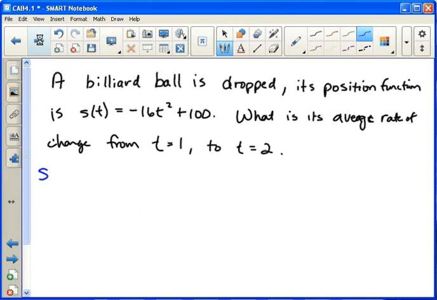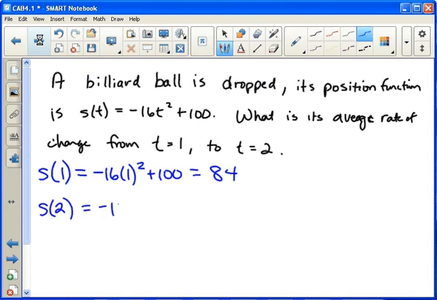So let's plug 1 in. We get 84. We plug 2 in. Let's see, 2 squared is 4 times negative 16. I believe you get 36.